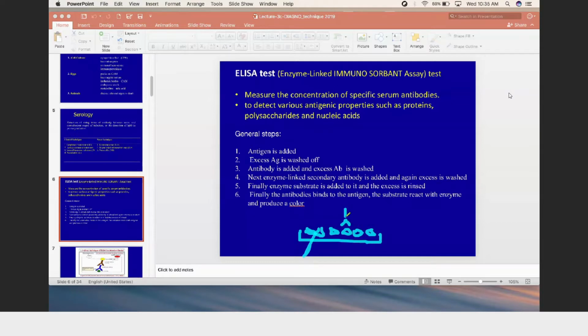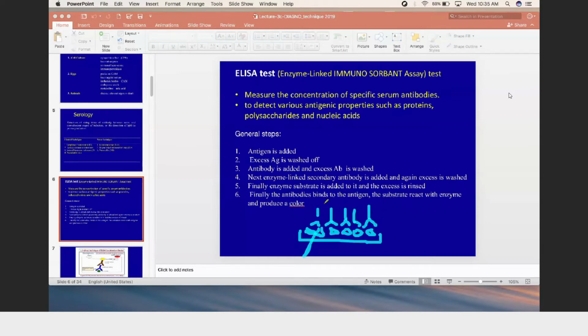If they are specific, they will bind to each of the antigen here. They bind to the antigen. If the serum does not contain antibody, this binding won't happen, meaning no antibody will bind to the antigen. So this is the equine antibody.